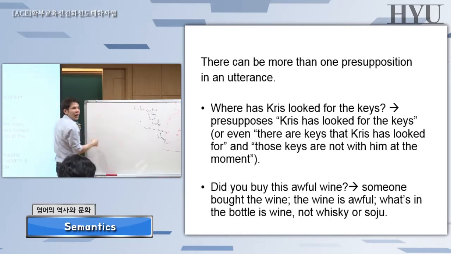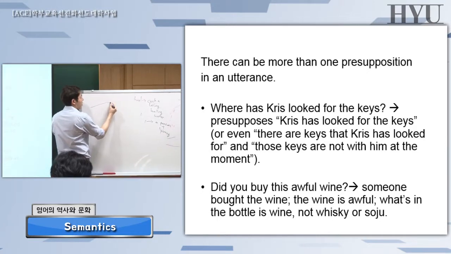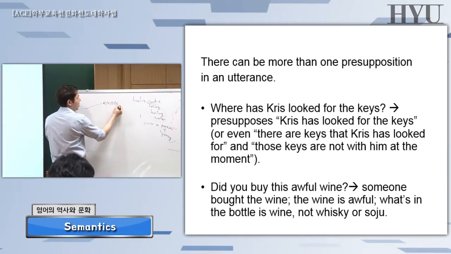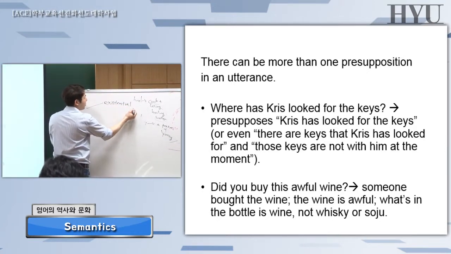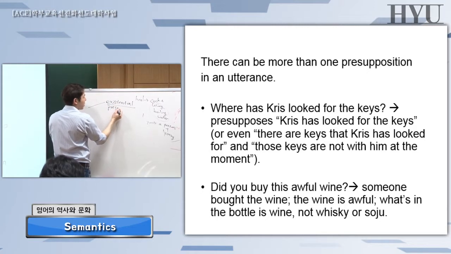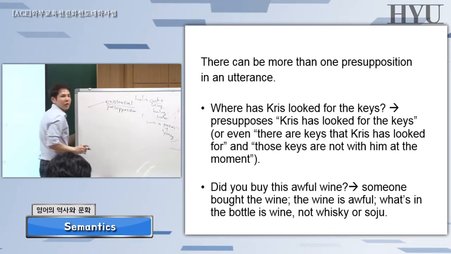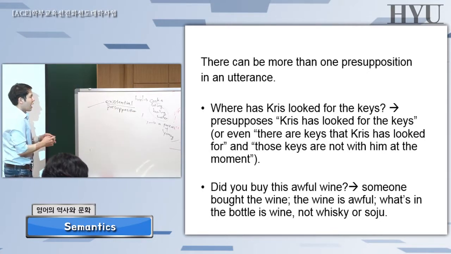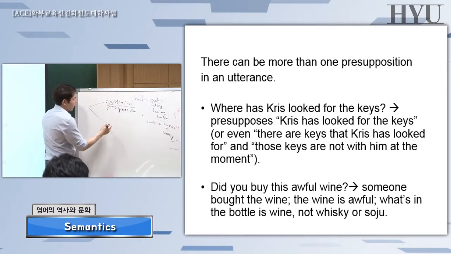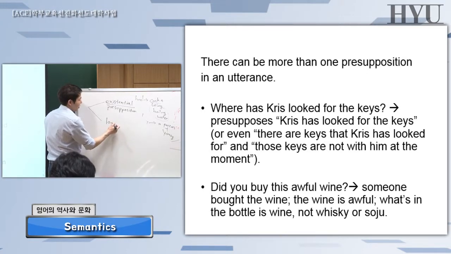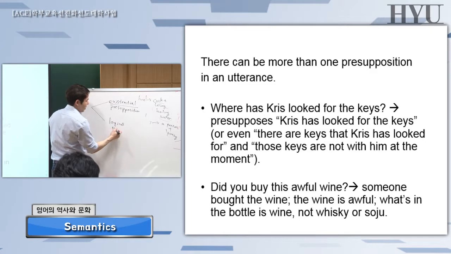There are two major kinds of presupposition. The first one is existential presupposition, and the other one is logical presupposition.